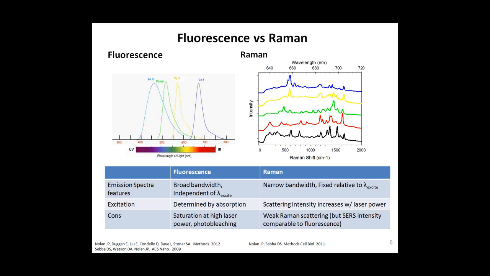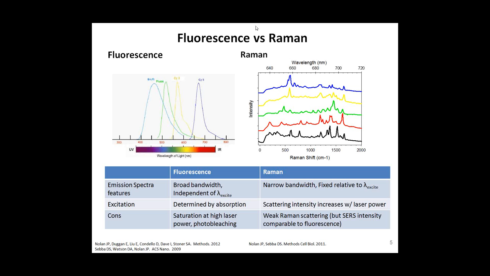And on the other hand, we can think about Raman tags as a replacement for the fluorescence. Basically, the Raman signal is based on the scattering properties, and it has very narrow bandwidth. And the scattering intensity changes as the laser excitation changes.